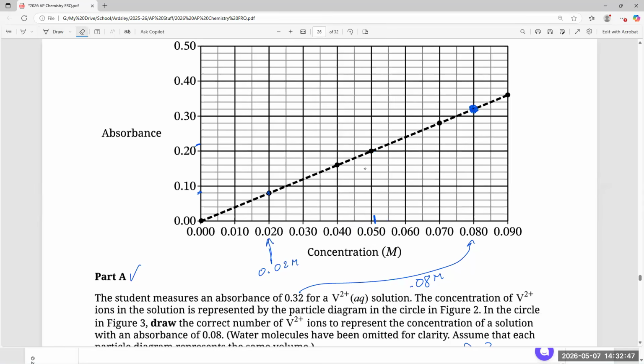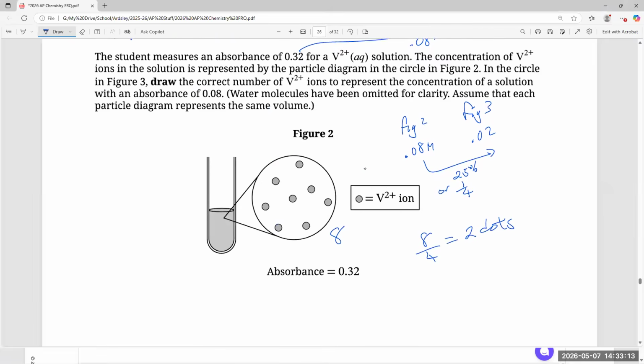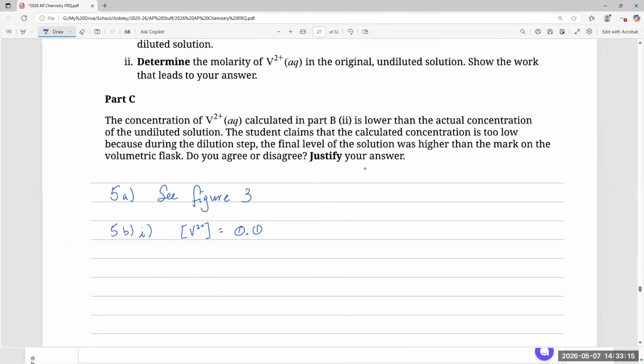Actually, it's even easier. Look at this. Each y-step is 0.02: 0.22, 0.24, 0.26, 0.28. So 0.22 lands right here, in between 0.05 and 0.06. Therefore, it's 0.055. So 0.055 molar is your answer.